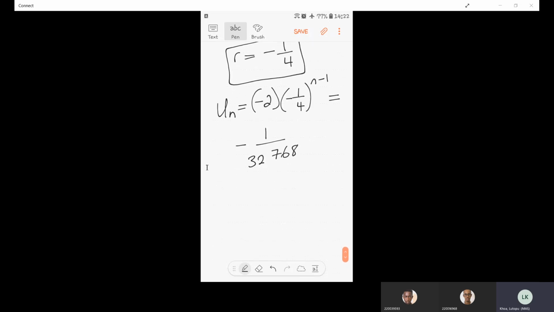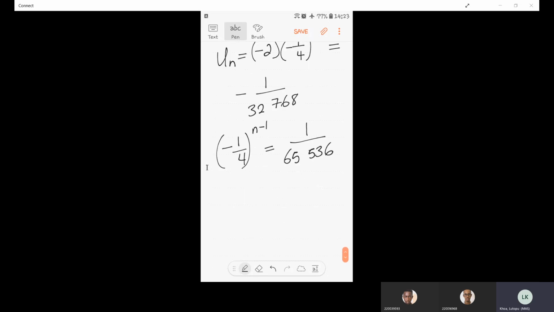Then I want to solve for n, so I divide by negative 2 on both sides. So I have negative 1 over 4 to the power of n minus 1, and this is equal to positive 1 over 65,536. You divide by negative 2 on both sides because the right hand side is negative, and negative divided by negative will give me a positive.